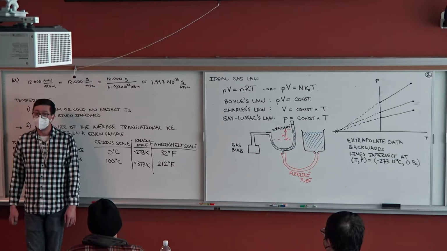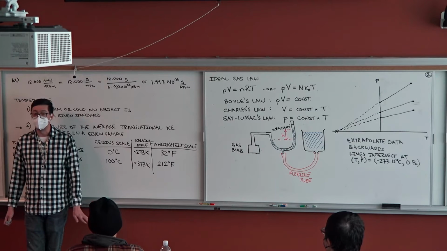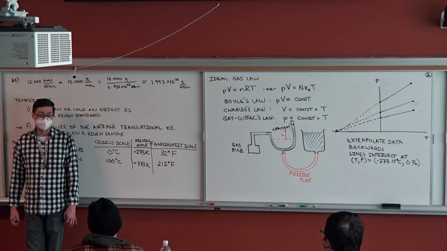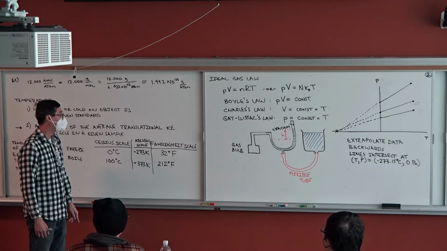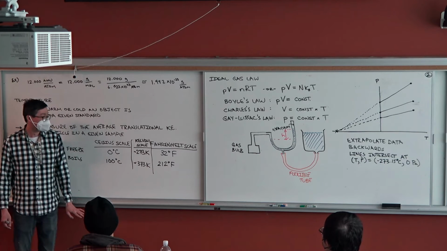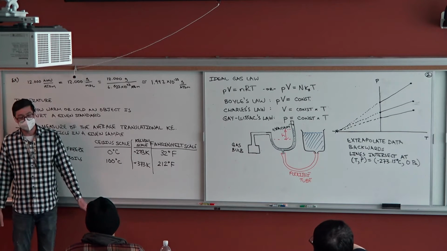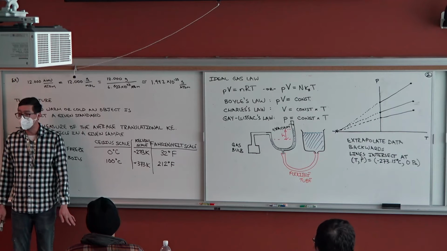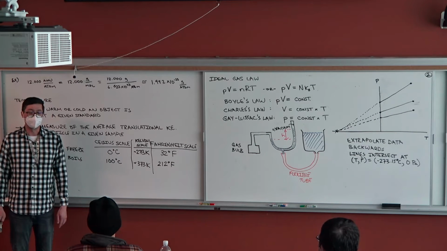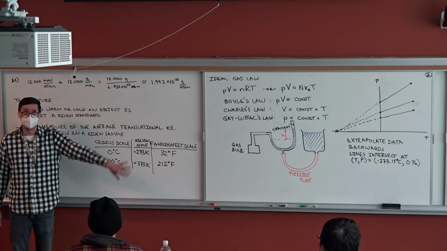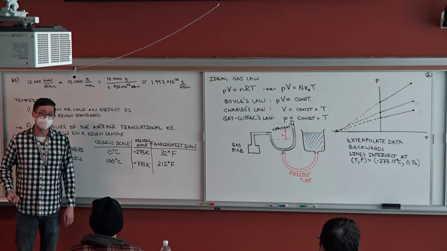Folks who really do low temperature physics can get down to the micro Kelvin. That's pretty cool. But actually reaching 0 Kelvin, we're going to have some thermodynamic issues with that, and that's something we can talk about when we talk about the laws of thermodynamics.